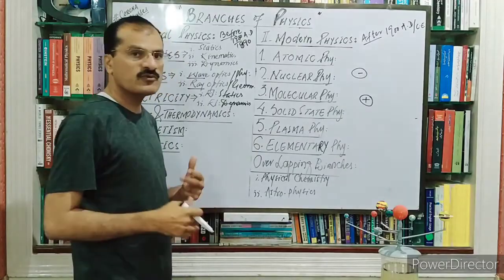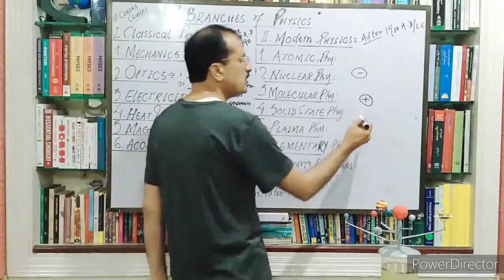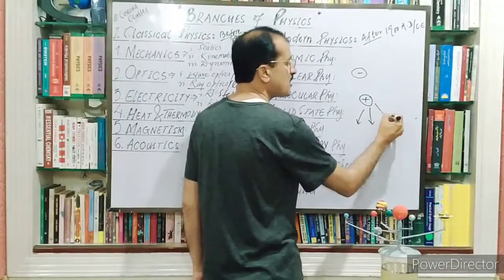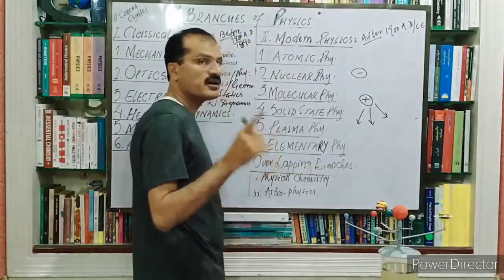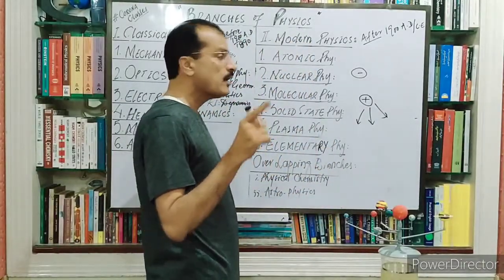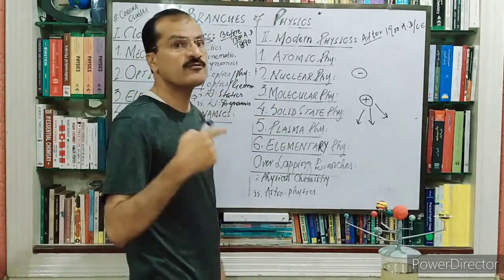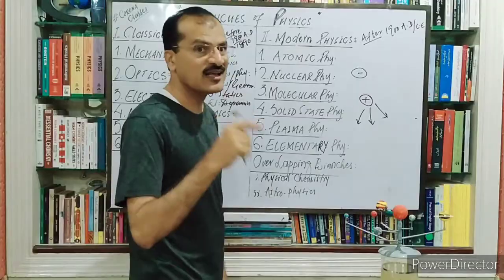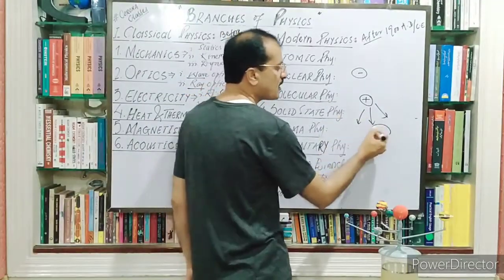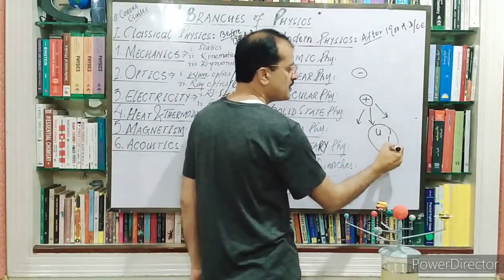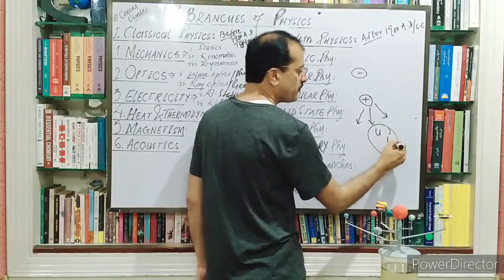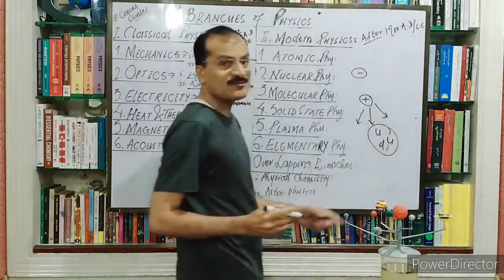But the proton is further divided into three particles, which means the proton is nowadays not a basic, elementary particle. The proton has been split into three different quarks, and quarks are elementary particles. A proton consists of two ups and one down. These are the names of the quarks.